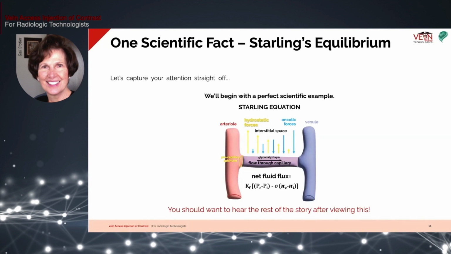All that I'm going to be teaching you today is built on the science of previous scientists, Sir Henry Gray, Ernest Starling, etc. So these are not scientific facts that I've discovered or come up with. This is science that already exists. And this first one is Starling's equilibrium. And by the way, Starling did not come up with that math equation. A mathematician put that to it later. But he did come up with the physiology and the concept.